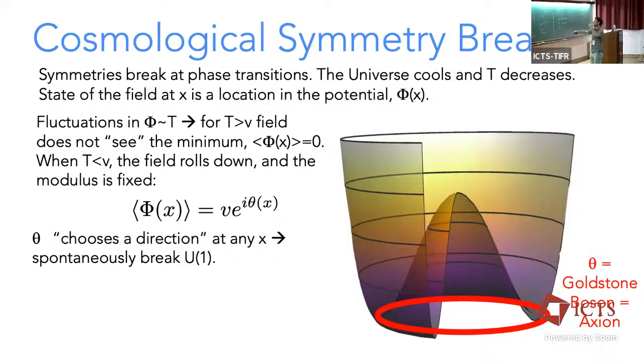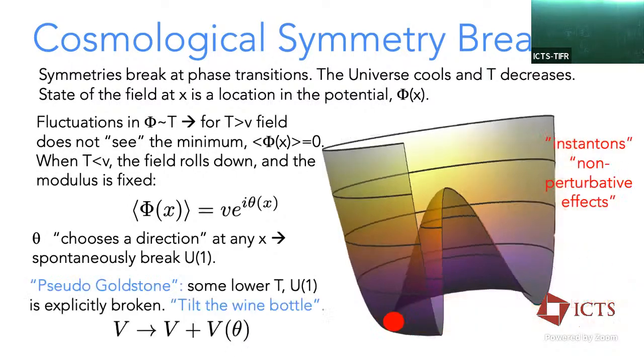If I only introduce this linear bias by real part of phi, that corresponds to tilting the bottle like this, and there's a single minimum. So it's not really a cosine in phi. You have to remember that the field small phi is really a phase. So if I just do this, it's 1 minimum.